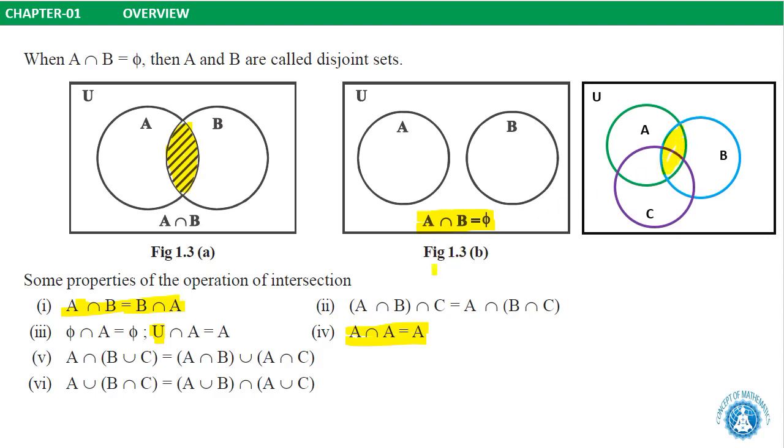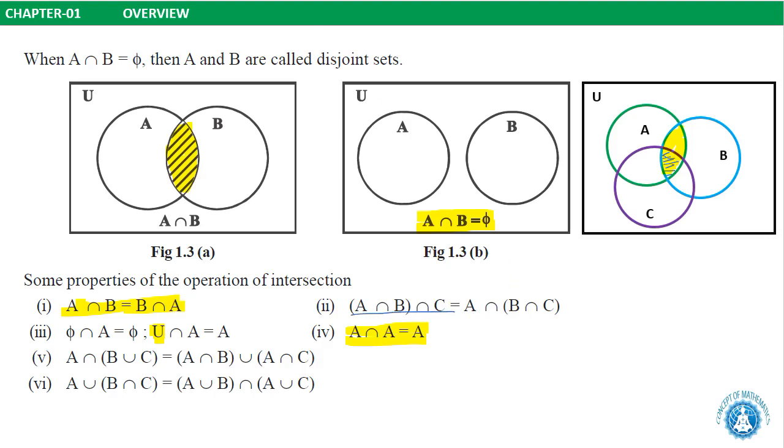Then intersection with C, only this region will represent the intersection of this thing.